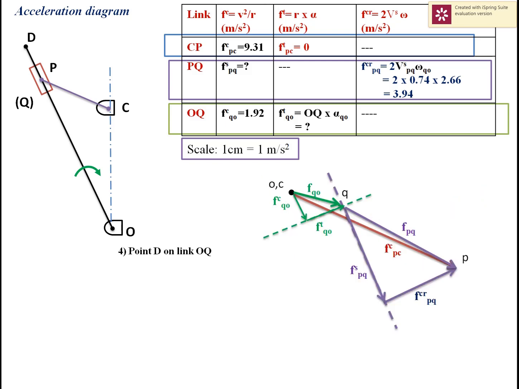Now next, for point D on link OQ, we will use the velocity image principle in the same manner as we have done in velocity polygon. So by acceleration image principle, OQD is similar to OQD.